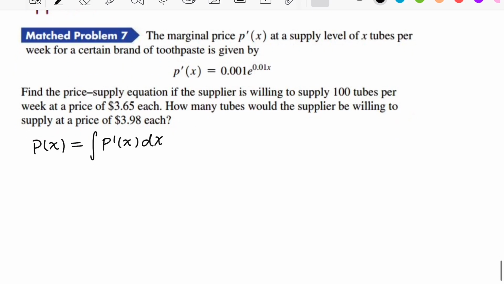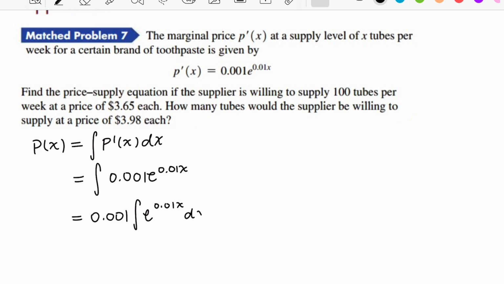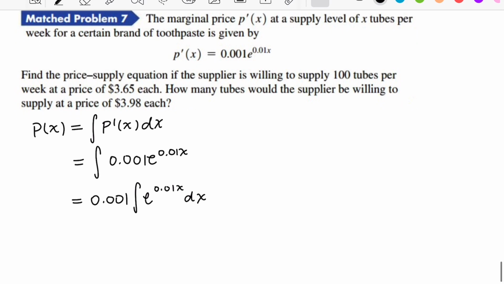Okay. So plugging in our value for P prime of x, we have this here. And we can pull out the 0.001 since it's a constant. And what we'll do here is we have this composition of functions here. So we'll let u be equal to our inside function.